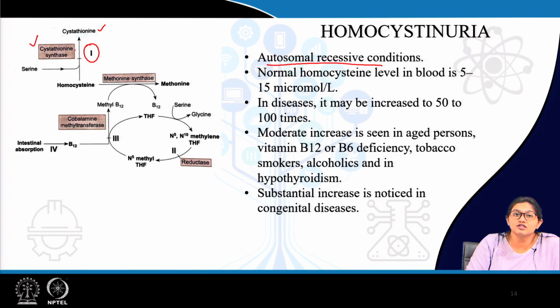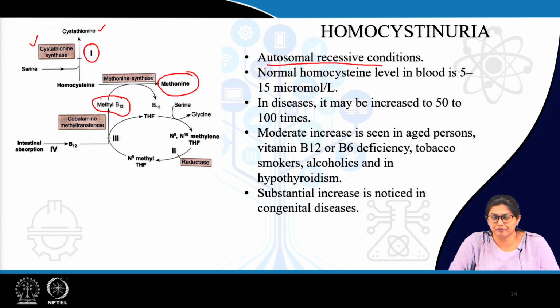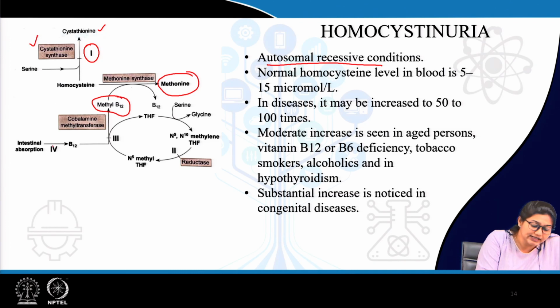Next, homocysteine forms methionine with the help of the enzyme methionine synthase, where the methyl group donor is basically methylcobalamin, or vitamin B12. Now, this vitamin B12 comes from dietary sources. So, if there is dietary deficiency, that is type 4.